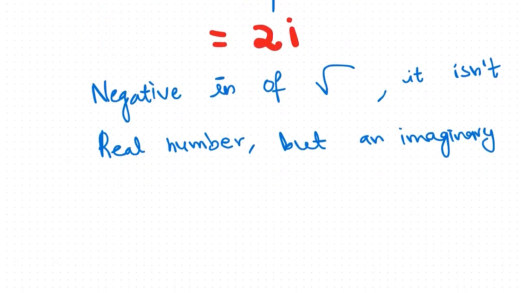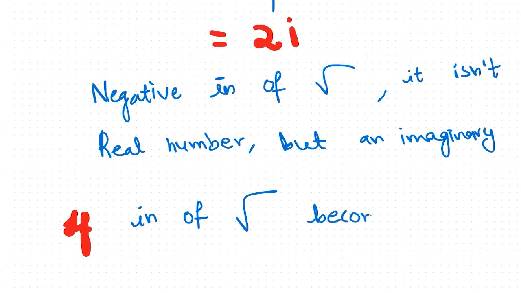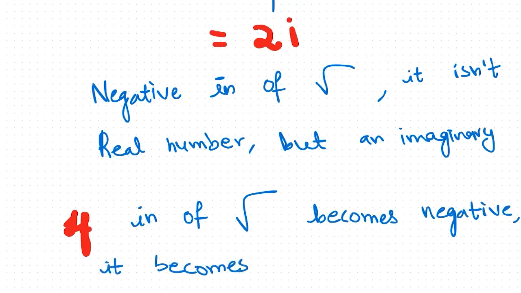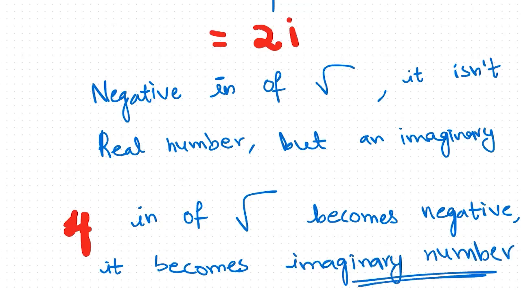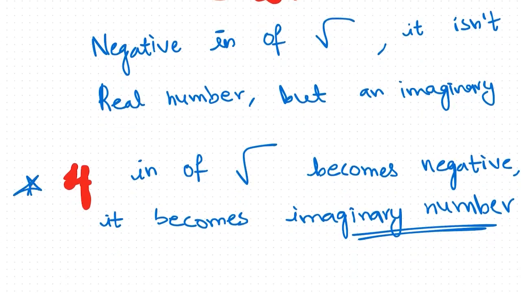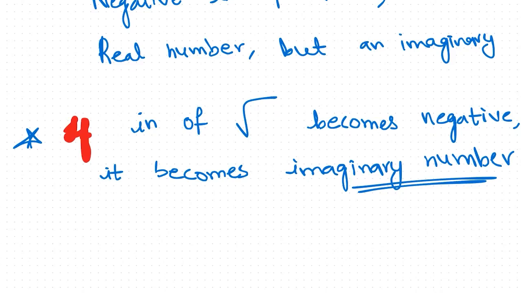So basically, if the inside of the square root becomes negative, it becomes an imaginary quantity, an imaginary number, associated with iota.